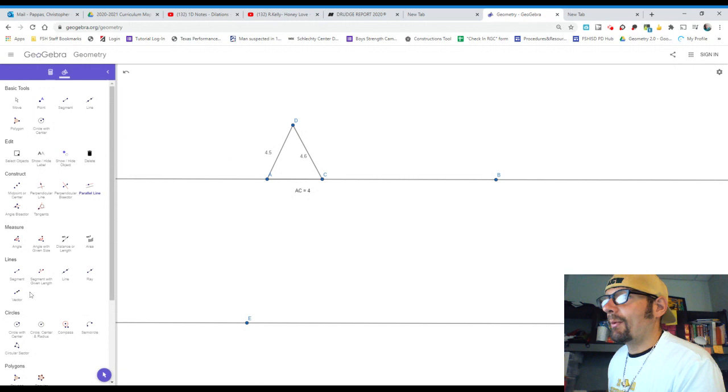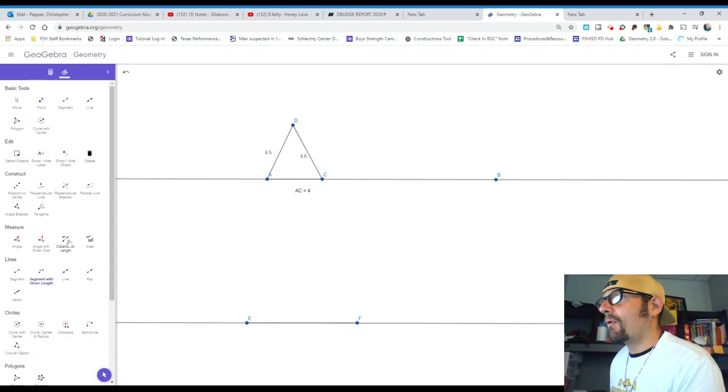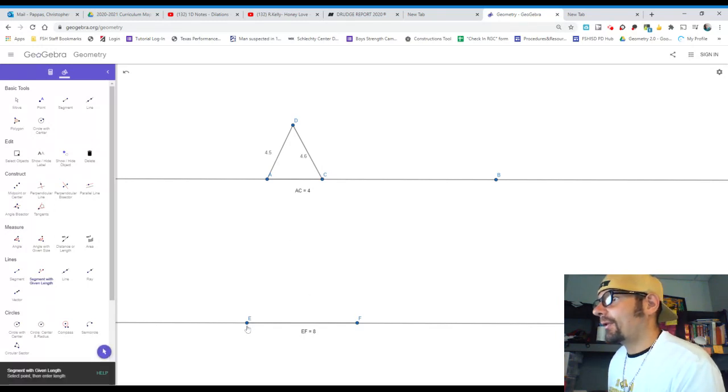So we'll make a segment with a given length from point E. We'll make this one 8, which is double of 4, obviously. Okay. And next we'll do another segment with a given length, double 4.5, which is 9.